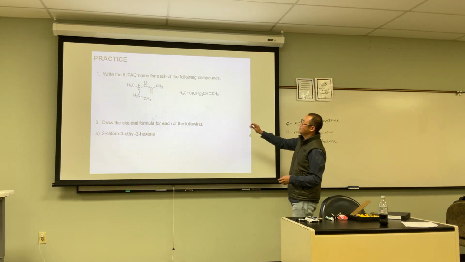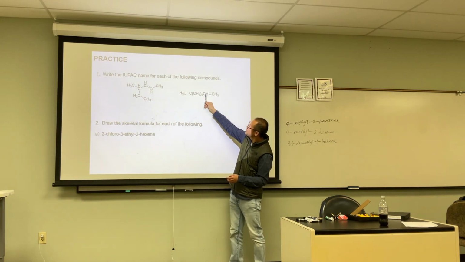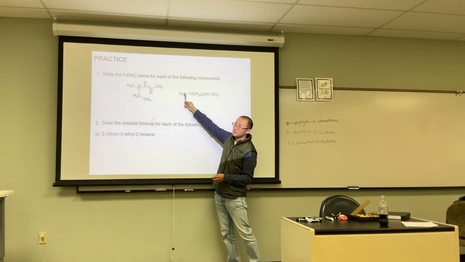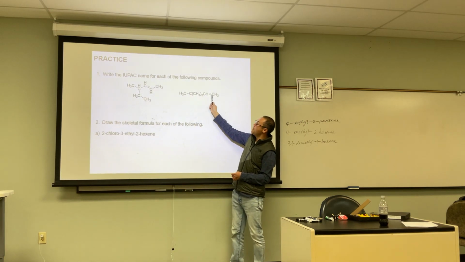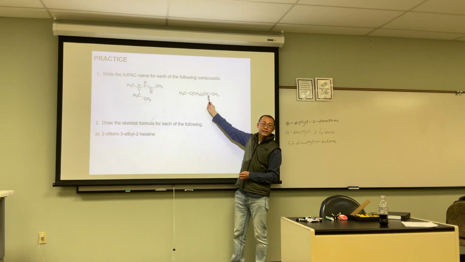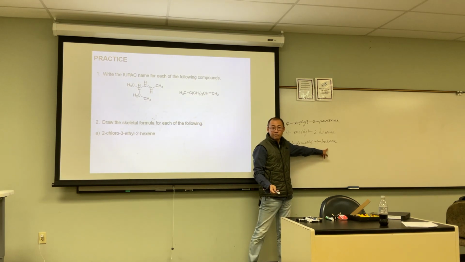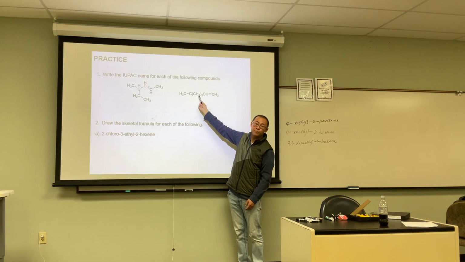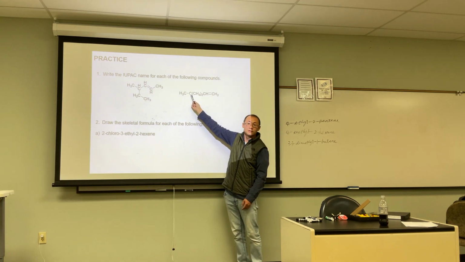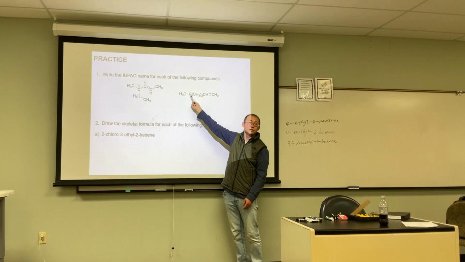Okay, let's take a look. What's the longest chain? 1, 2, 3, and 4. So the longest chain is 4. And the double bond is between 1 and 2, so 1-butene, correct. And then those are 2 groups. Both are on which carbon? Number 3 carbon.